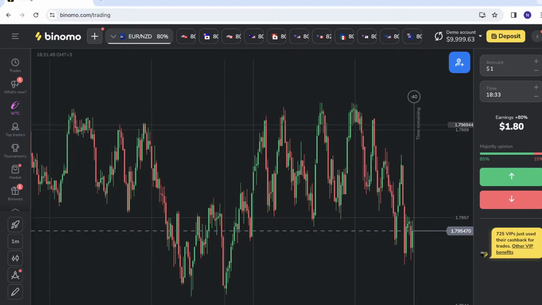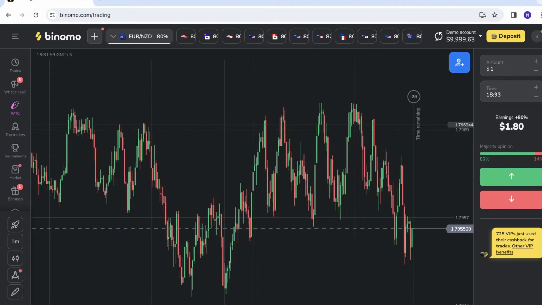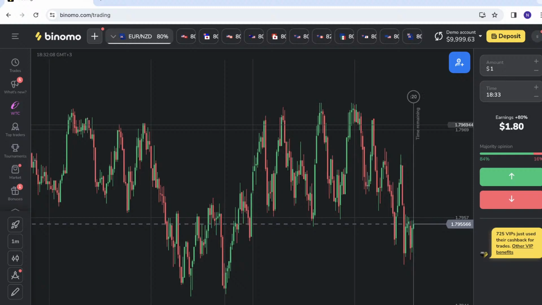In detail, I will try to show you, and if everything is okay, I will also try to find some trading signals and show how it works in practice.